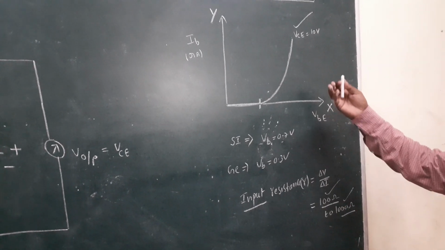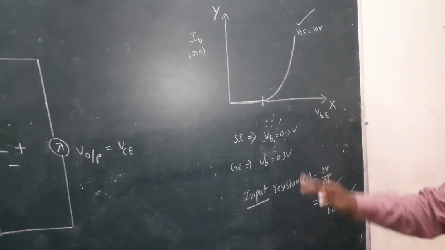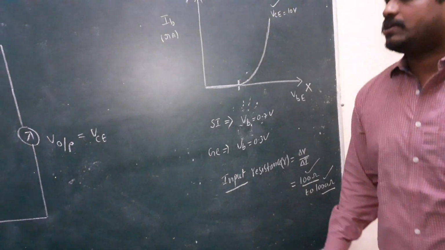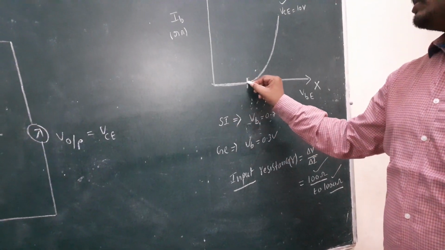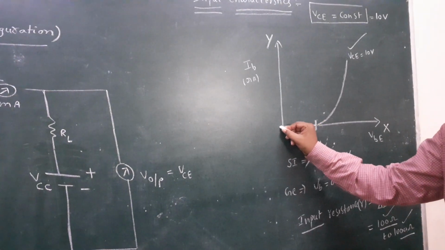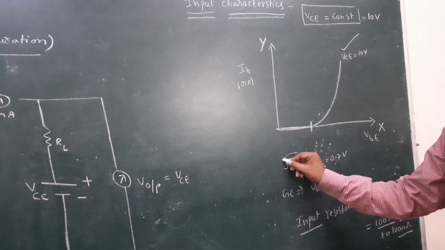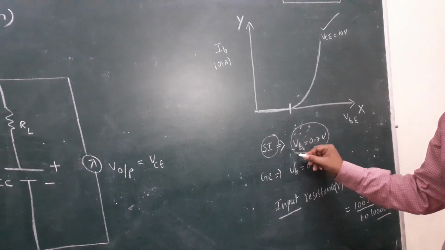Okay, these are the input characteristics. In the input characteristics we study the input, while the output voltage is constant. This is the experimental graph. Up to here the input voltage changes, but the input current is 0, because every transistor is made of one material, and that material contains a potential barrier.